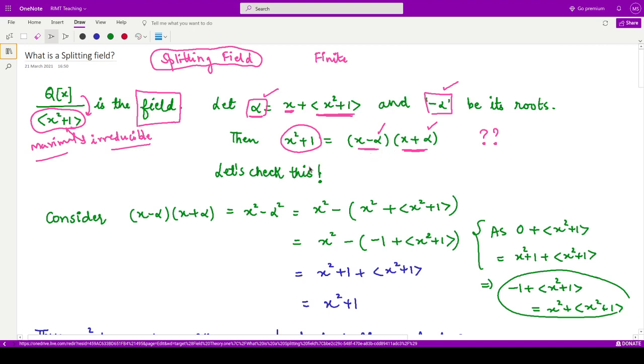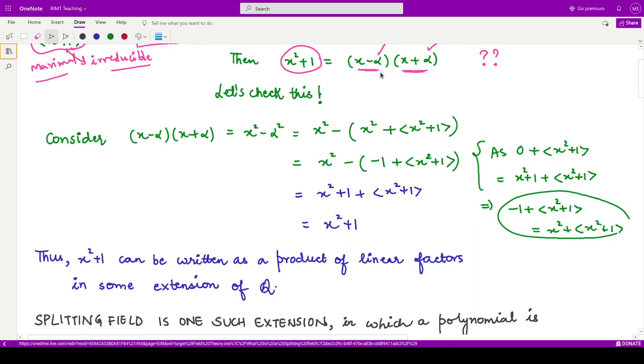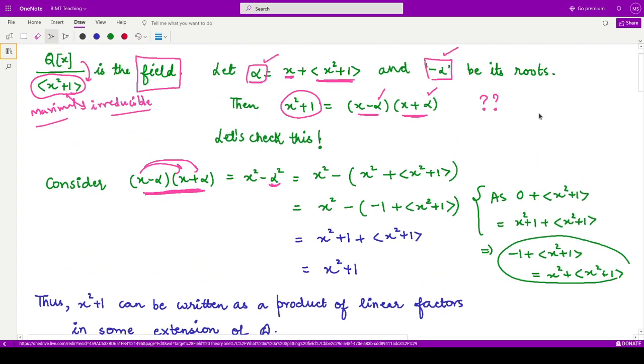So let us check this thing. So how do we check that? We first consider this product. So how can you open up this product? You can just multiply the terms, and you would have x square minus alpha square. So now what is the value of alpha? The value of alpha was x plus the ideal generated by x square plus 1.